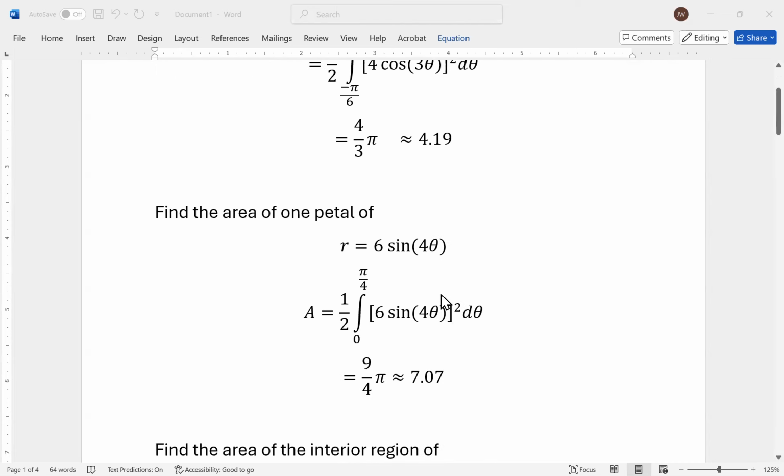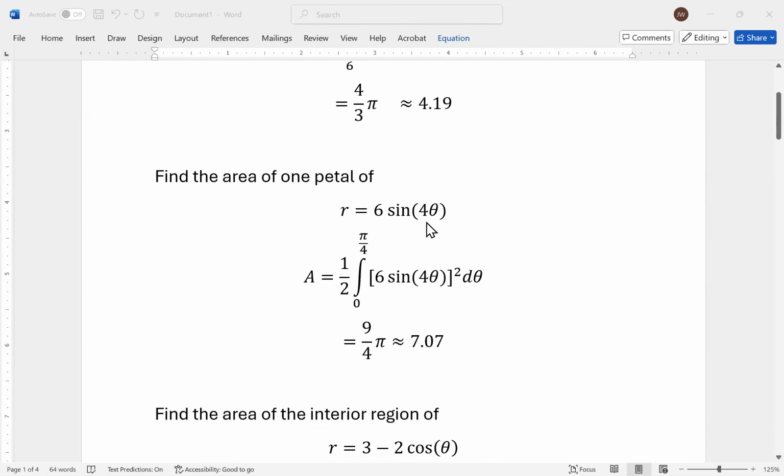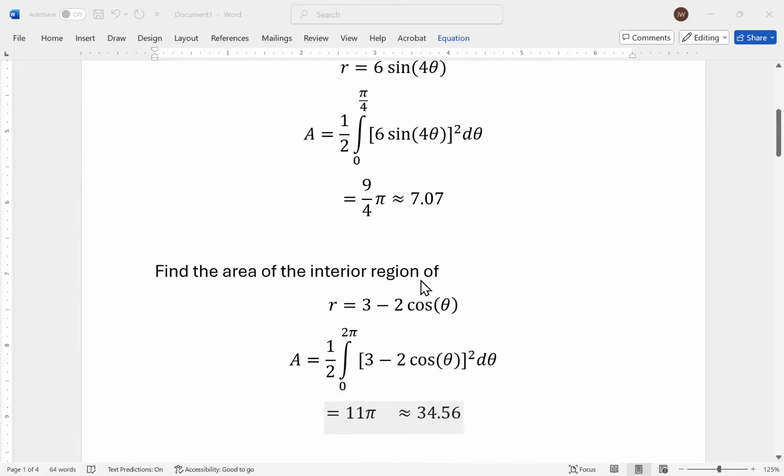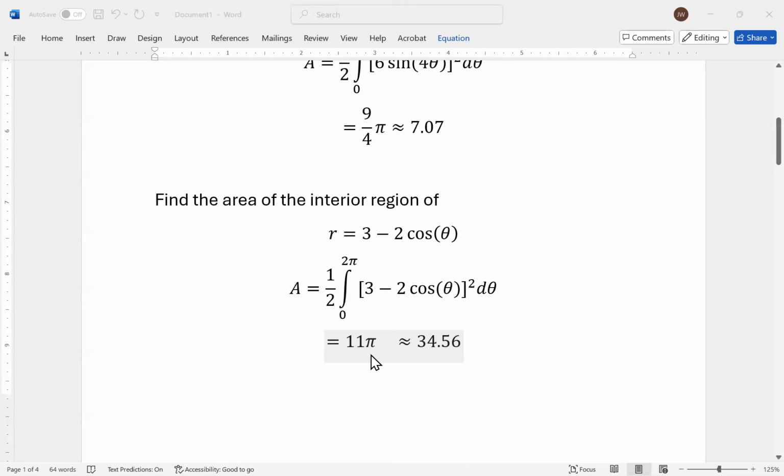The rose curve with 8 petals, that came out as 9/4 times pi, which again, I gave you the decimal version. And then the interior region of that limacon, which was dimpled, came out to 11 pi.